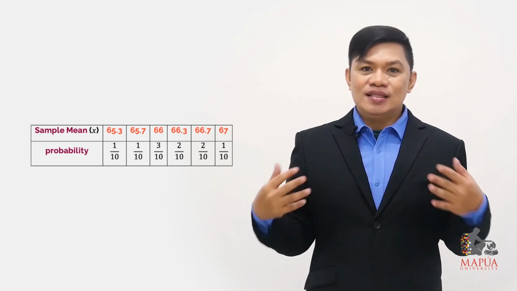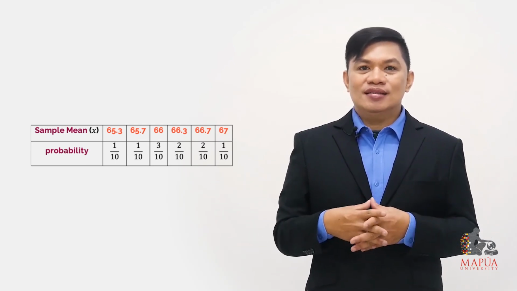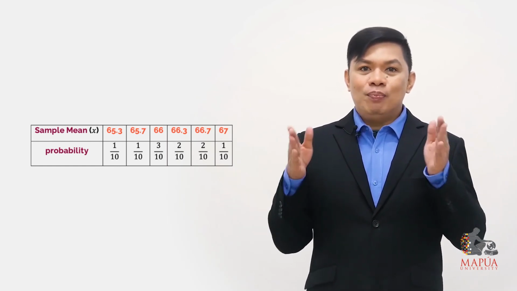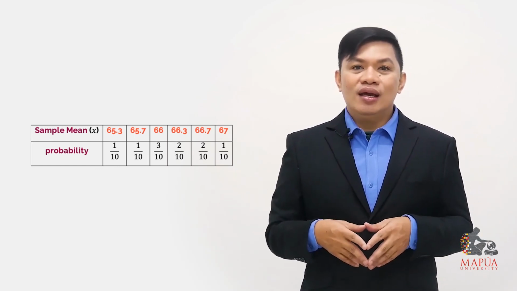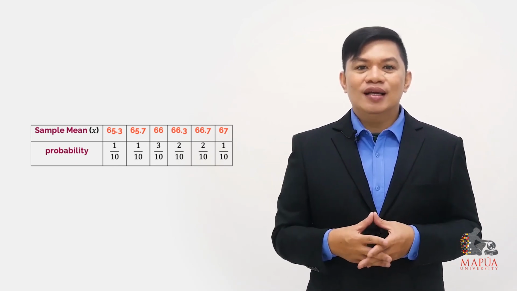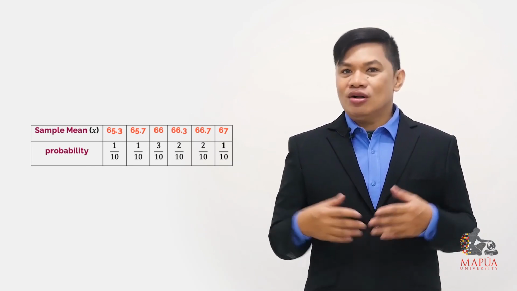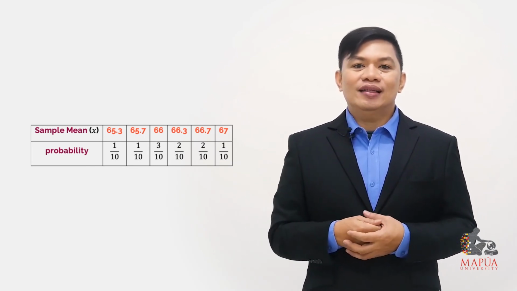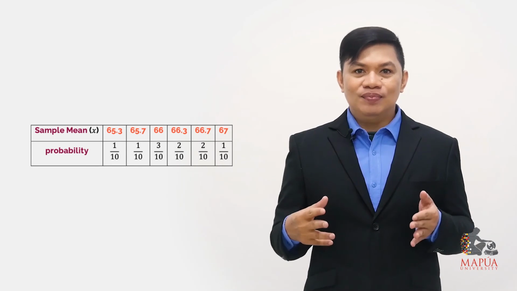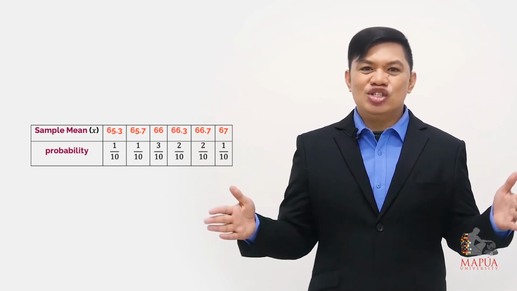And then you have 66. How many groups yielded an average of 66? There are 3. So the probability is going to be 3 over 10. And then you have 66.3. That will be 2 over 10. 66.7, also 2 over 10. And then the last value, 67, will be 1 over 10. You can easily check.